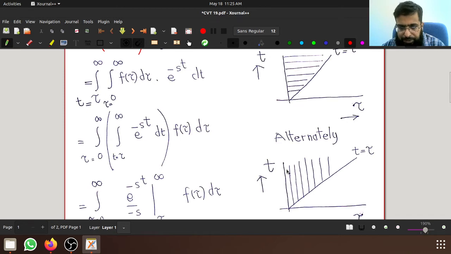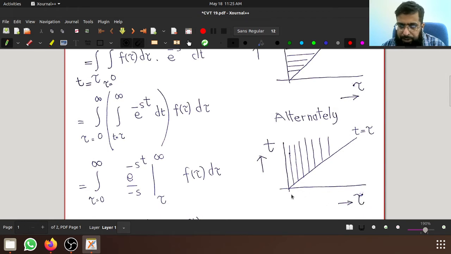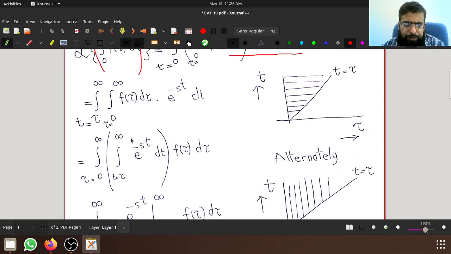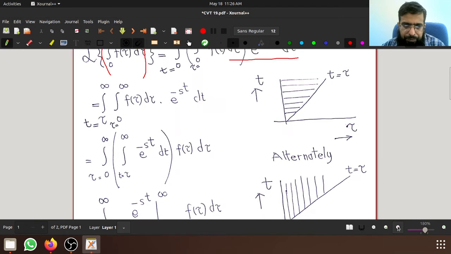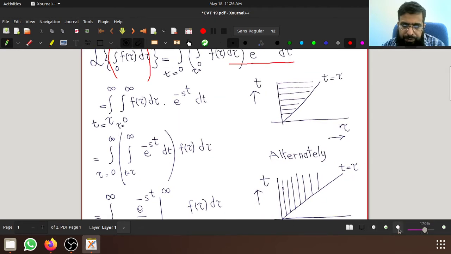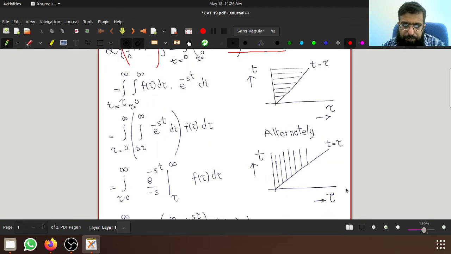If we represent the same area with vertical lines, now tau goes from 0 to infinity, because we have an infinite number of these vertical lines, one for each possible value of tau.